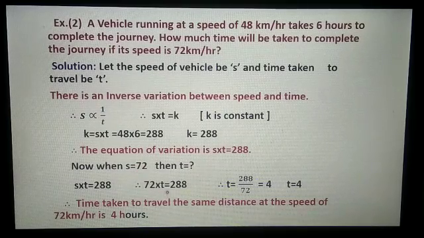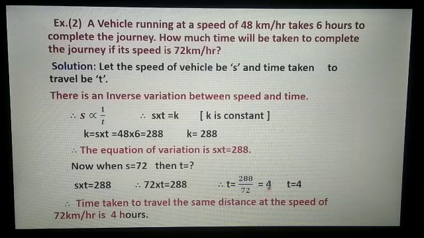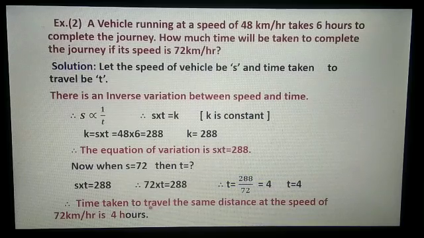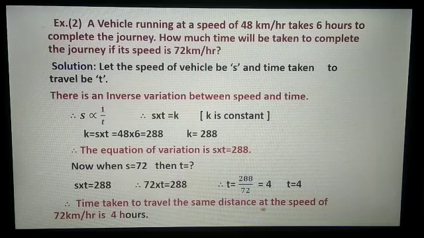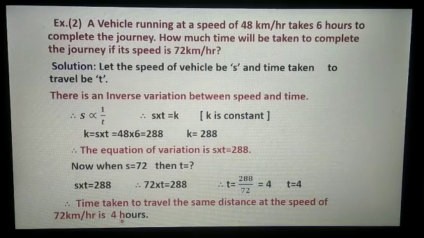So 72 into t is equal to 288. So therefore t is equal to what? 288 upon 72, which is equal to 4. Therefore t is equal to 4. So in this way we get the answer. Time taken to travel the same distance at the speed of 72 km per hour is 4 hours. Okay. So time we have found, now 4 hours.